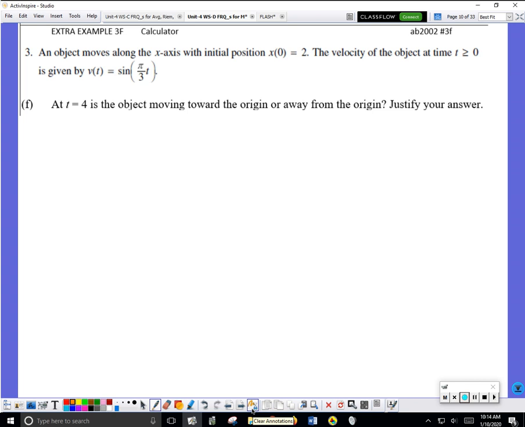Okay, next example says at time equal 4, is the object moving toward the origin or away from the origin? So, simple idea. Here's our picture. Here's the origin. At time equals 0, the particle is over here at location 2.